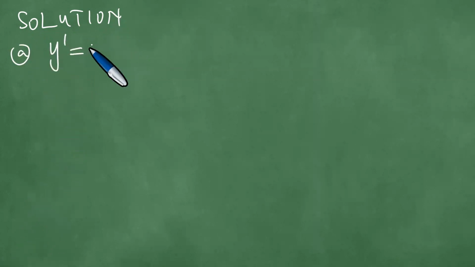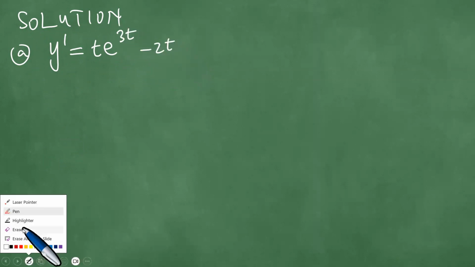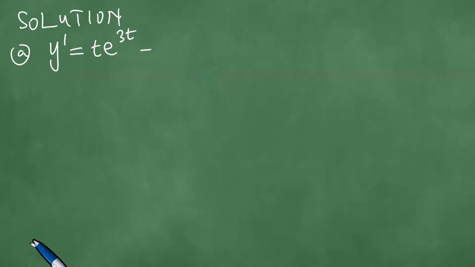Solution, quickly. They said there is going to be a lot of calculator usage tomorrow. Y prime in that question is t e to the 3t minus 2y. I can use t or x; sometimes it's popular to use either. The exam uses either t or x, it doesn't matter.